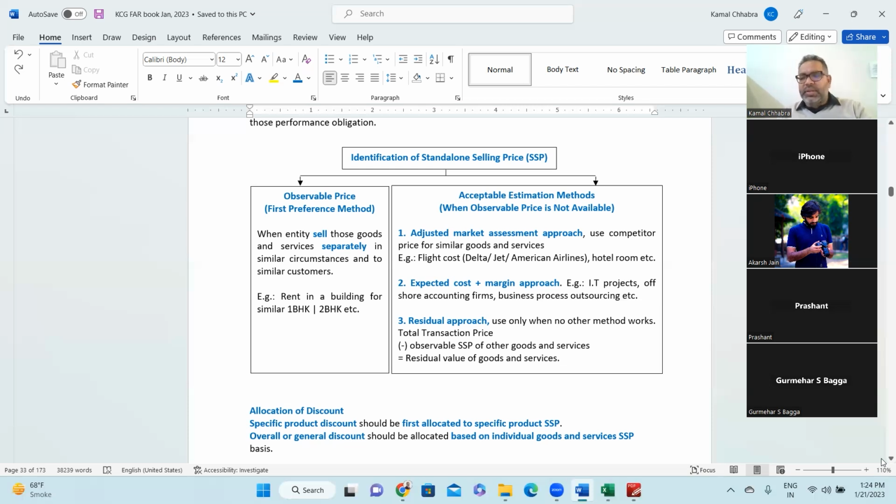In the IT project, generally it happens because sometimes in an IT project we don't know what the outcome would be and how long it will take.